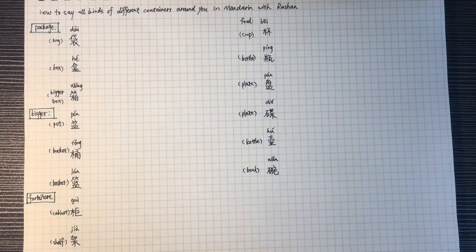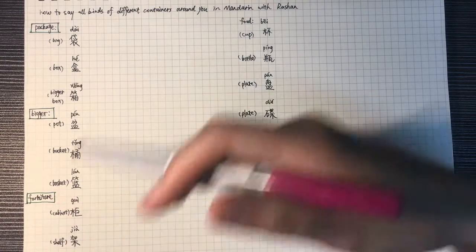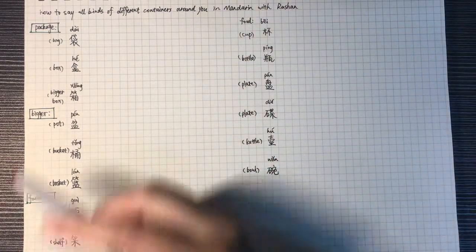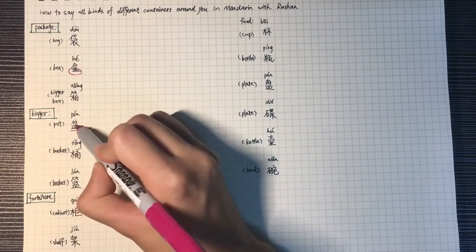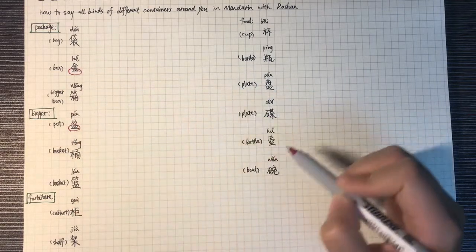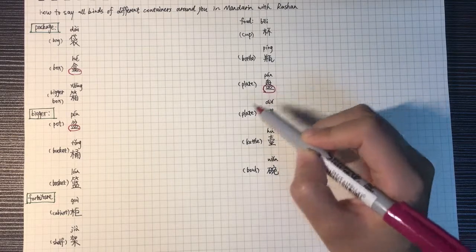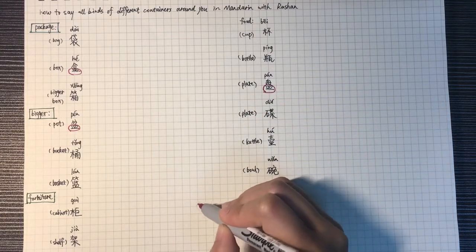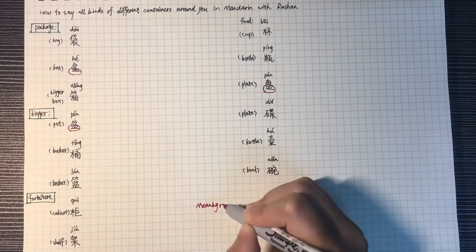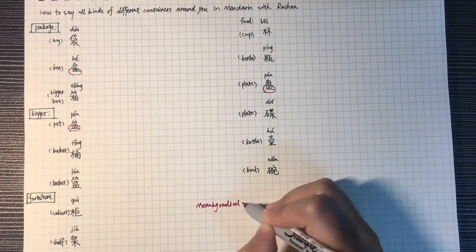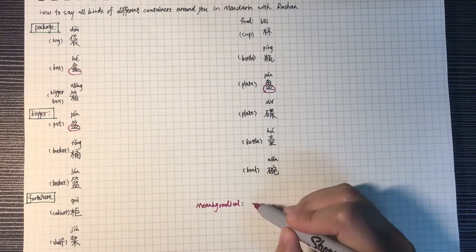Now, let's look at some common things. When you look at these characters, you will see some of them have the same meaning radical. The meaning radical gives the character its meaning.